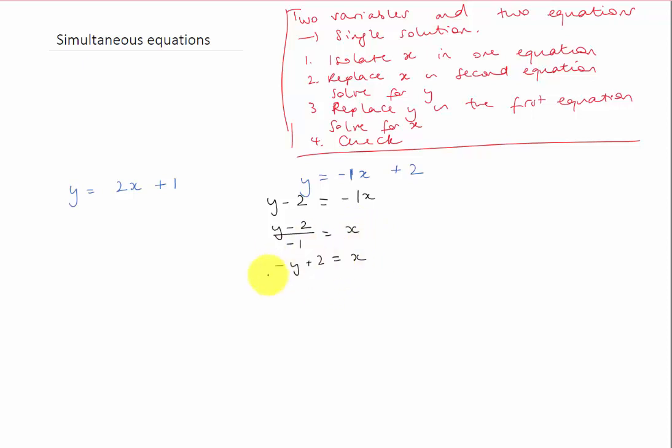Awesome. So now I can substitute this whole thing. Wherever I see an x, I can substitute that by minus y plus 2. So I'm going to do that over here. So y equals 2 times minus y plus 2 plus 1.